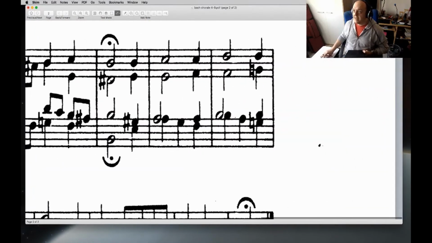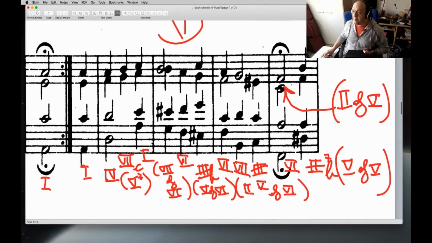I say retrospectively because it only happens the moment you play the B, at least to my ear. So I come to the end of the previous phrase, landing on 6, on the relative minor, on F sharp minor. Sounds like this.